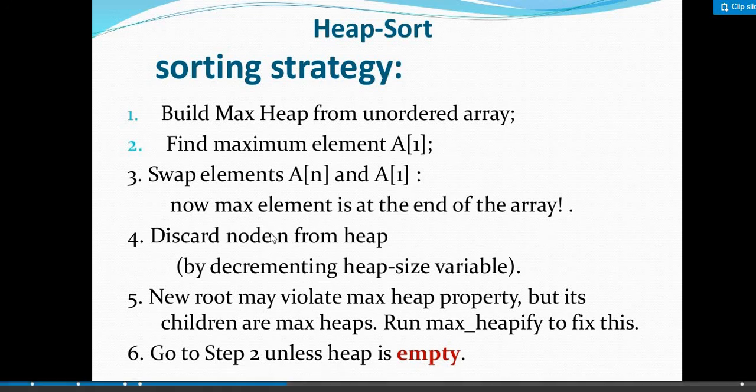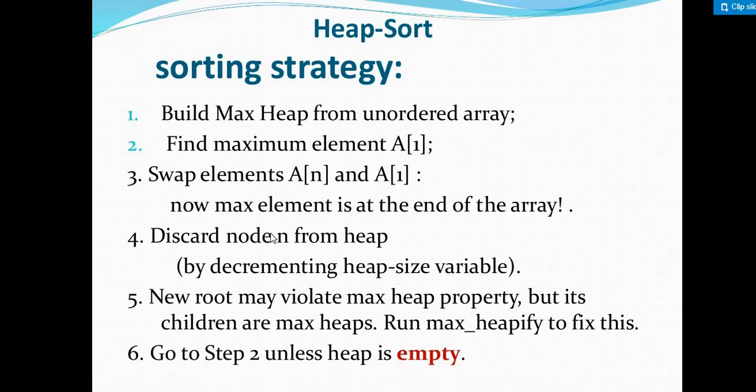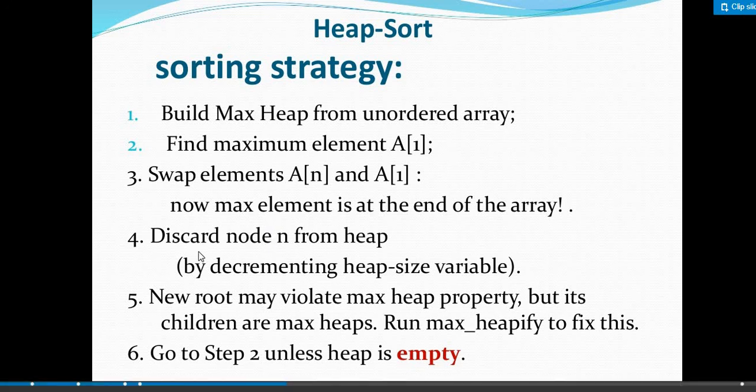Then discard node n from the heap, which means we have to remove the top element and keep it at the last position. So discard node n from the heap, that means by decrementing the heap size variable.